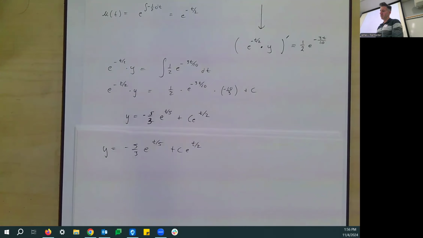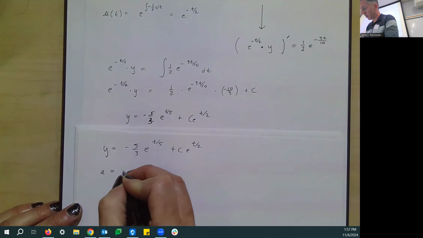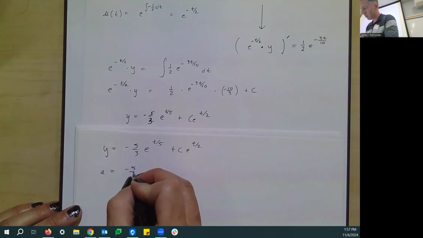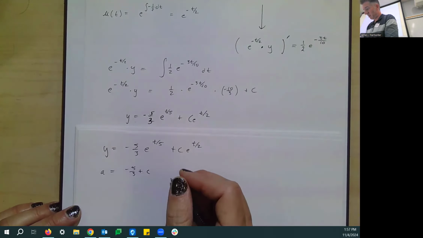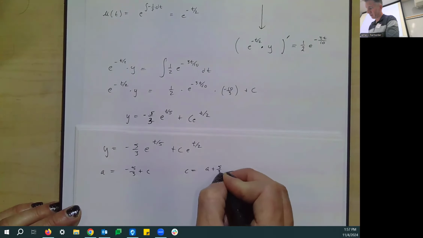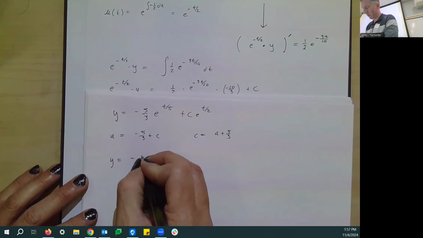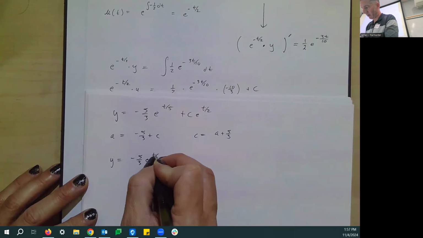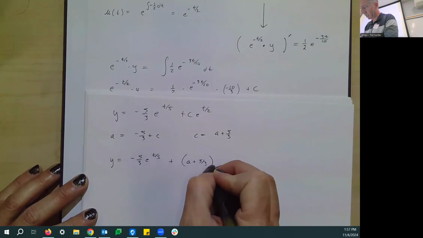So plugging in a for y and 0 for t, I get that c equals a plus 5/3. So I can rewrite this as y equal to -5/3 e to the t over 5 plus (a plus 5/3) e to the t over 2.